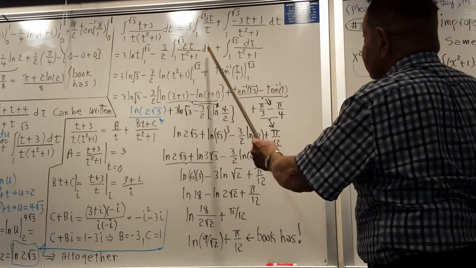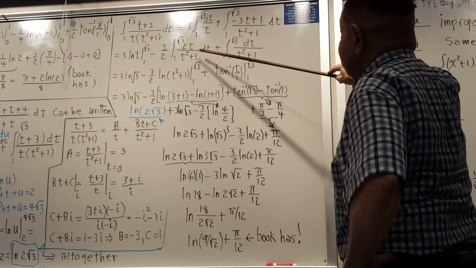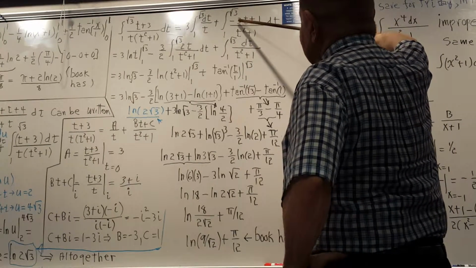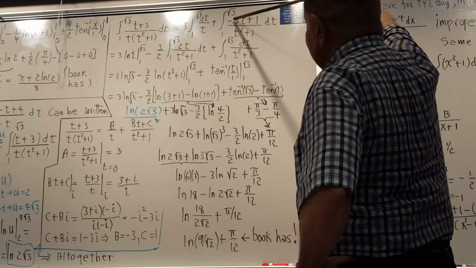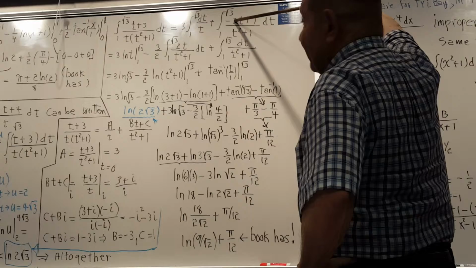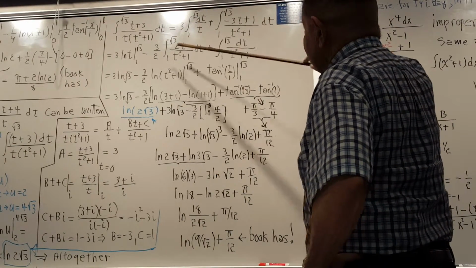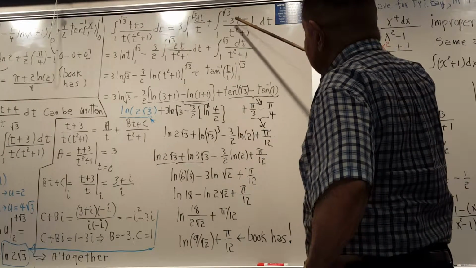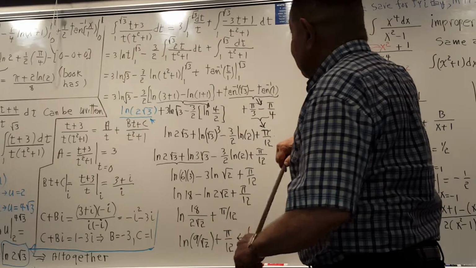And then what I have done is I've split this one into two parts. I'm looking at the minus 3t over (t squared plus 1). I factored the minus 3 out, and I divided and multiplied by a 2 so that I'd finally have a 2t over (t squared plus 1).